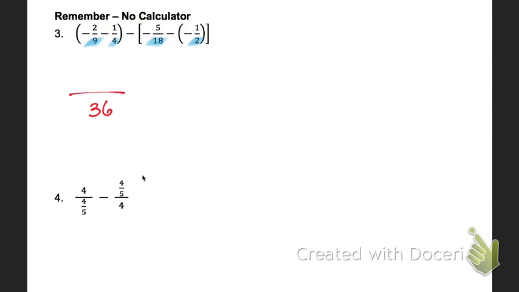So the first one would be negative 2 times 4 is negative 8. What do I have to multiply the 4 by? 9. So minus 9. Minus. You can keep these in parentheses if you want. You don't have to.